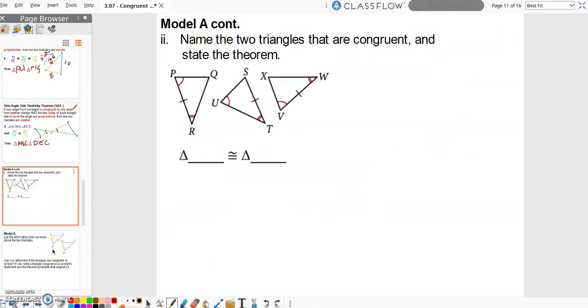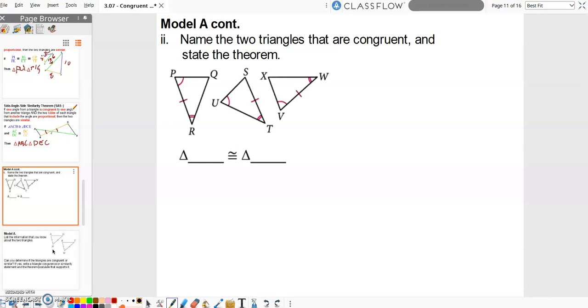Okay, continue our Model A. Name the two triangles that are congruent and state the theorem. So congruence. Let's see here. We've got to try and figure out which ones have the same thing. So we have angle P and R with a side in between. On the next one, we have an angle T and U with a side on the outside. And then we have V and W with a side in between.